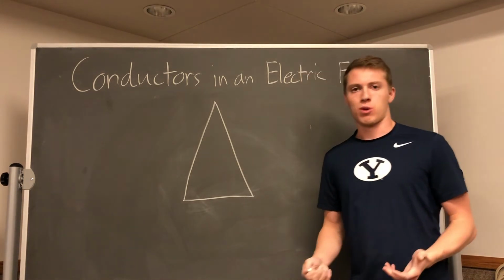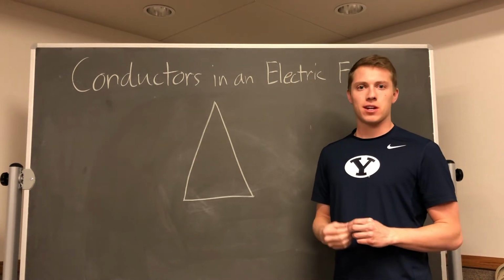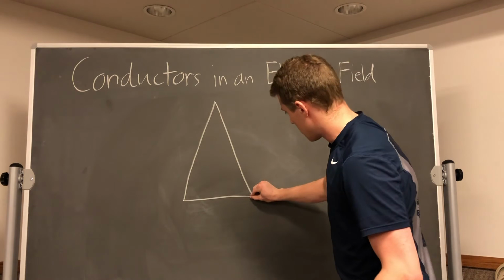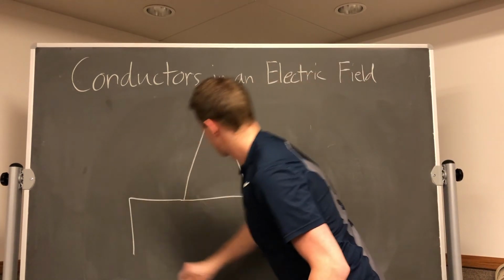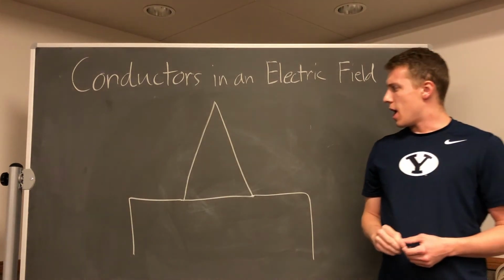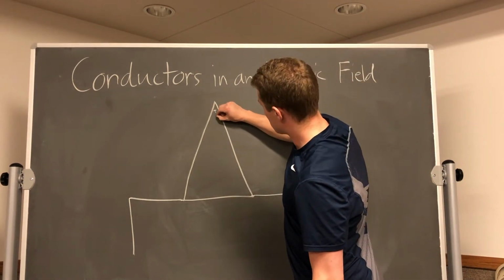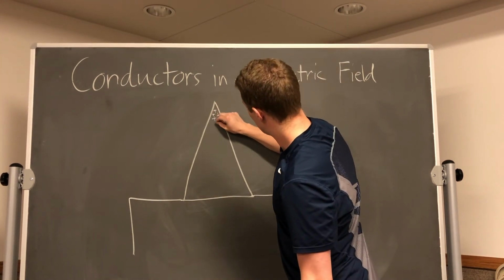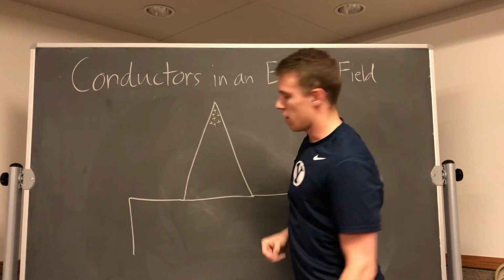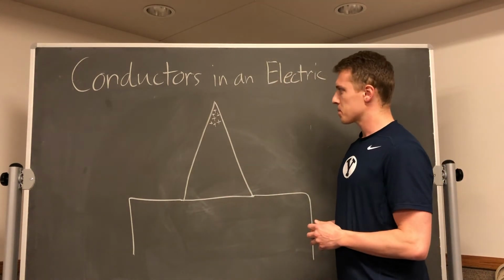So why is this important? Well, we have these things called lightning rods. Lightning rods sit on top of buildings. So you have your building down here. And what they do is they get all these charges that accumulate on the tip of these lightning rods, for the reasons that I explained just prior to this.